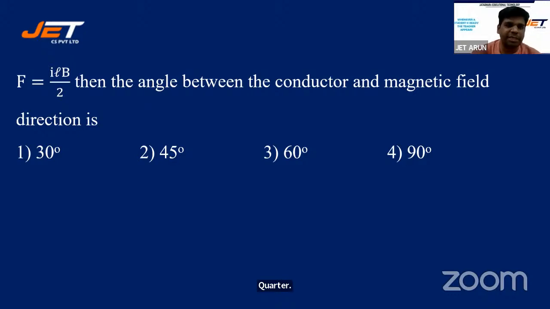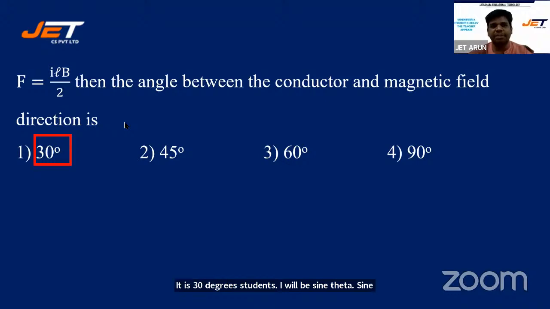All right, let me show the key. It is 30 degrees, students. ILB sine theta, sine theta is 1 by 2, so theta is 30 degrees. Simple.